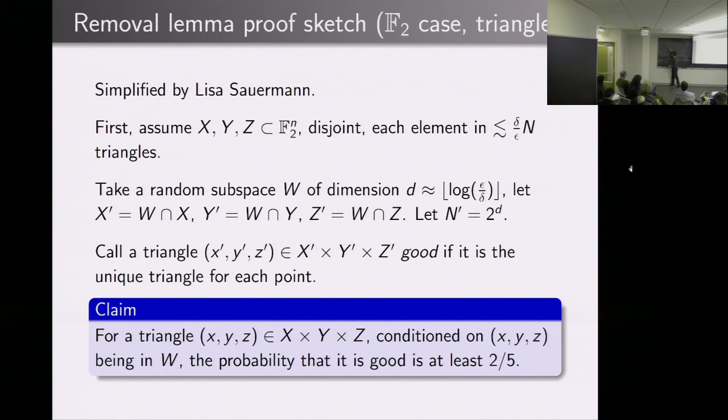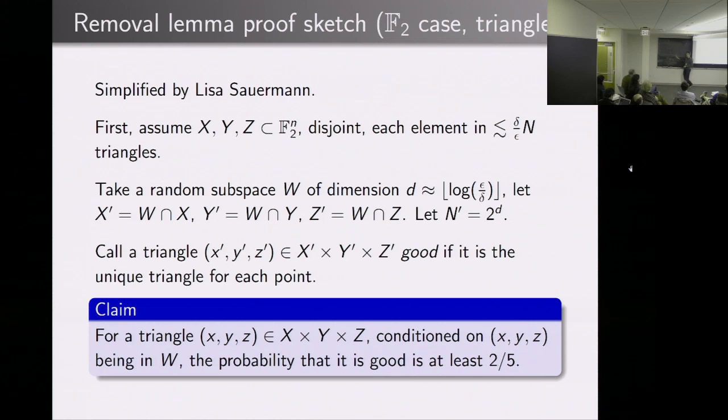If you think about it a bit, you can convince yourself that if I know this is contained in W, then the probability of this second one being contained in W is roughly n prime over n. The point is, once x1 is in W, it's basically independent whether these two are in W, and for each of them you need one more vector to be in W. If x1 and y1 are in W, then z1 is automatically in W, and same if x1 and y2 are in W.